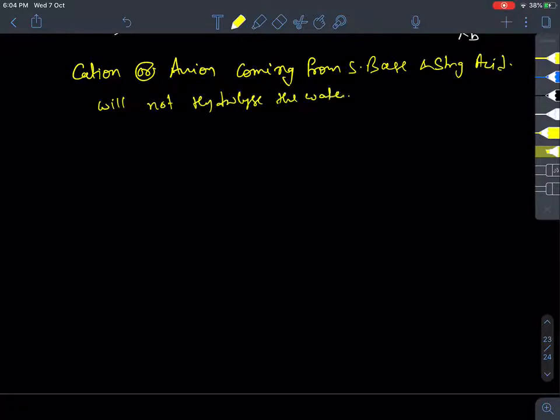Right? For example, guys, I'd like to quote HI, because it's a very strong acid, the acid dissociation constant is very, very high, of the order of Ka is of the order of 10 to the power 11.